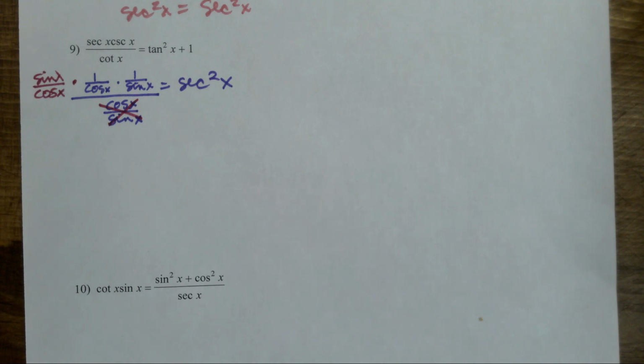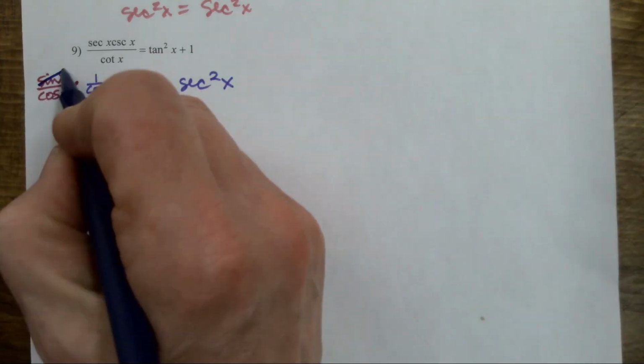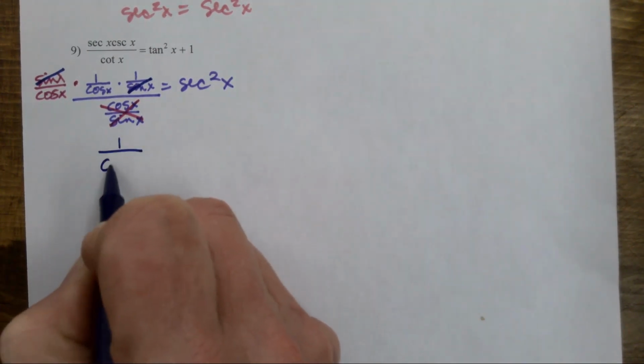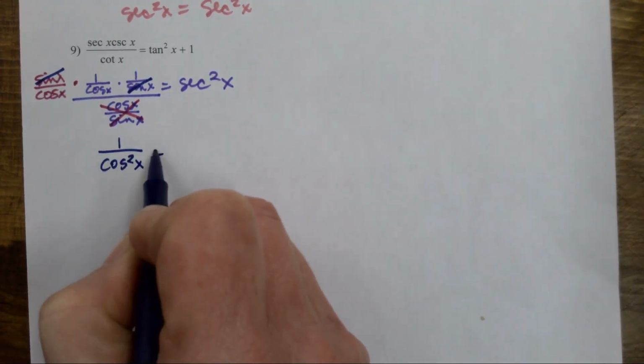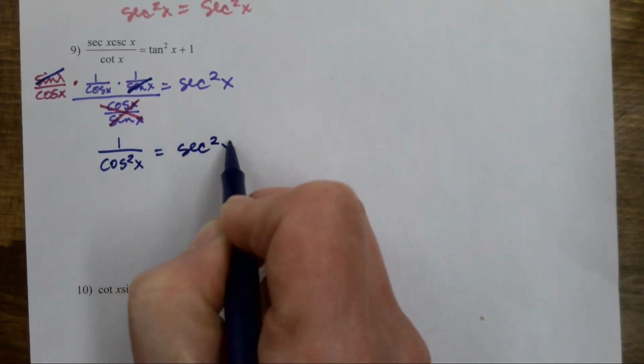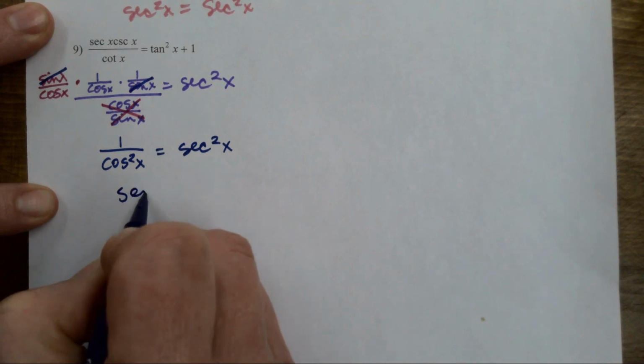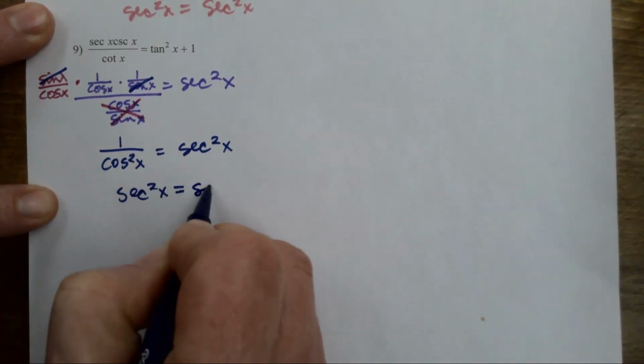So here, the sines cross out, leaving me with secant squared. Very good. That was 2 in a row where secant squared equals secant squared is the answer.